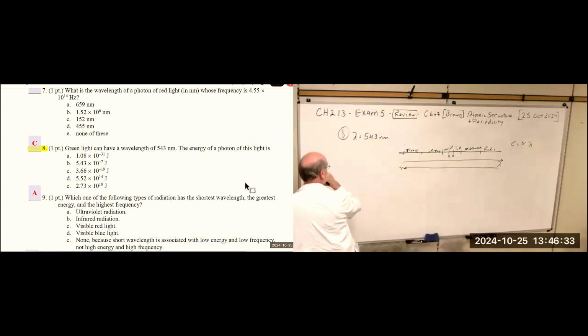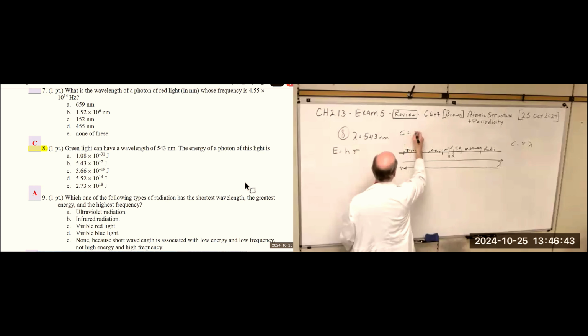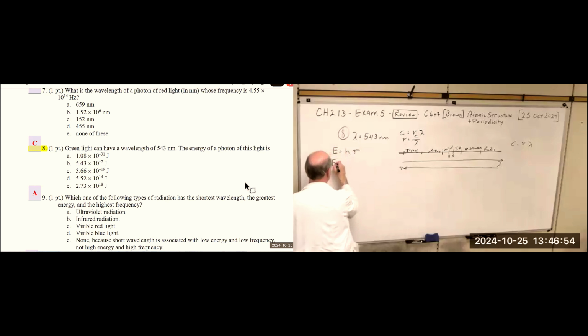Okay, so what we're going for now is Planck's equation. E equals Planck's constant times frequency. Or if we transform this equation to frequency, then we get C over lambda, and that would be E equals H C over lambda.